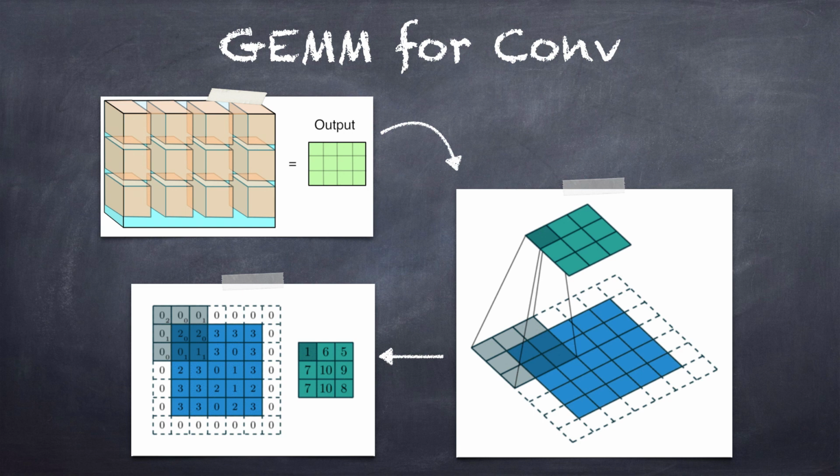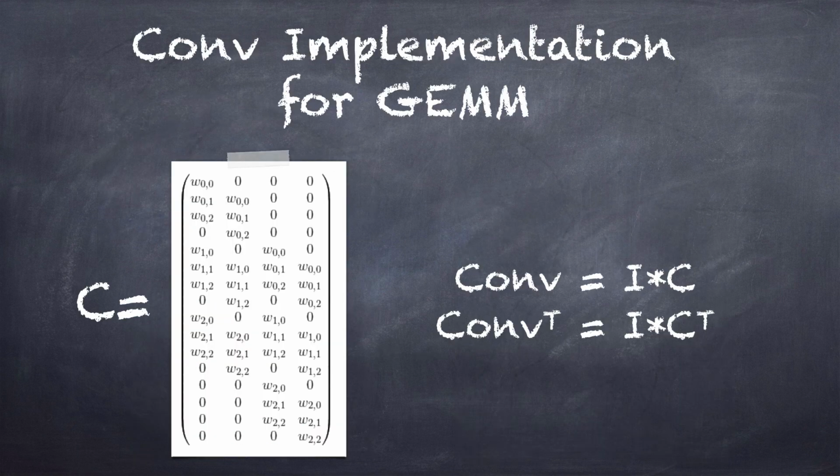So you have the image multiplied by this C matrix, and you calculate the convolution. This is the way you really want to implement convolution, because it's very easy to create the transpose convolution, which is the opposite function, and this is super efficient because it relies on GEMM again, and it's matrix multiplication again.